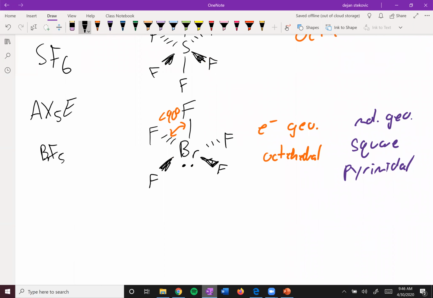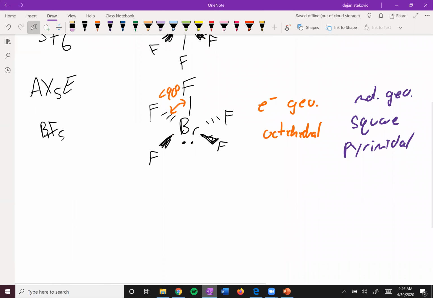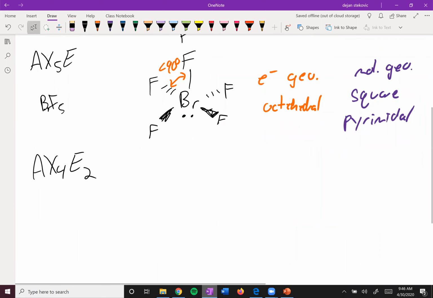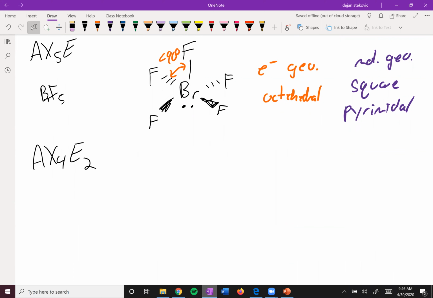Keep playing the game. Replace another atom with a lone pair, AX4E2. Something like xenon tetrafluoride, where the xenon has 2 lone pairs.